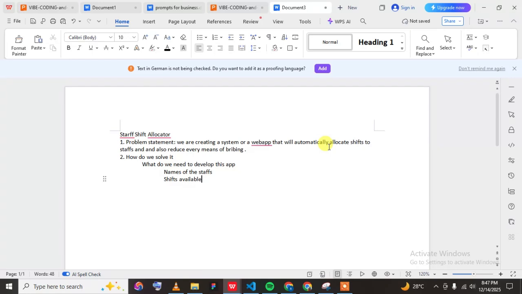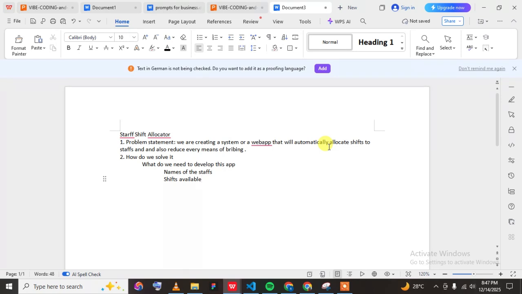It will give you an insight on how you can solve the problem and convert their manual system to a digital system. For example, in the manual system, they take all the names of the staffs.